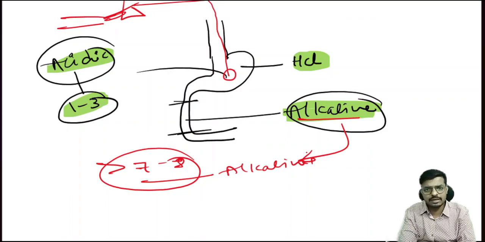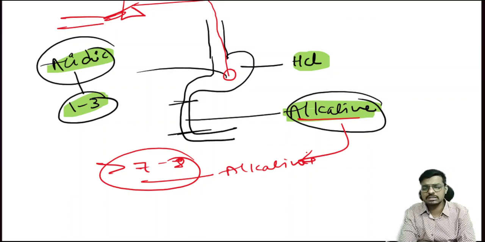Option A, the esophagus. Option B, the stomach. Option C, the duodenum. Where will you confirm the answer? Yes, the pH is around 8.3, which means it is completely alkaline in nature.